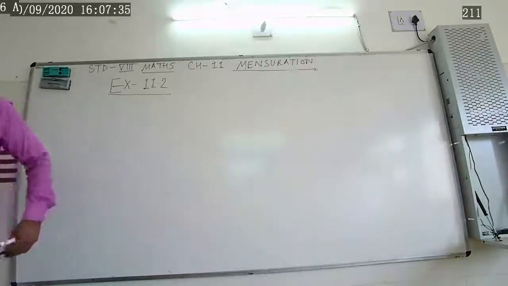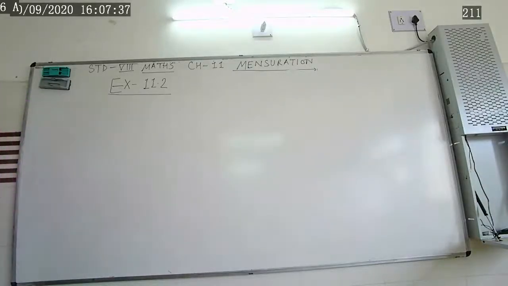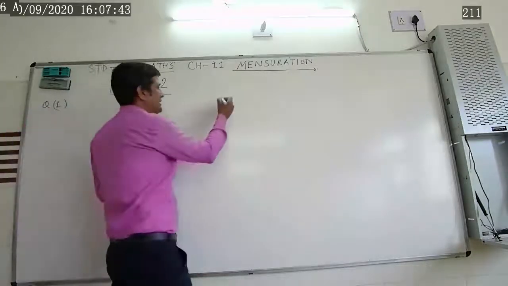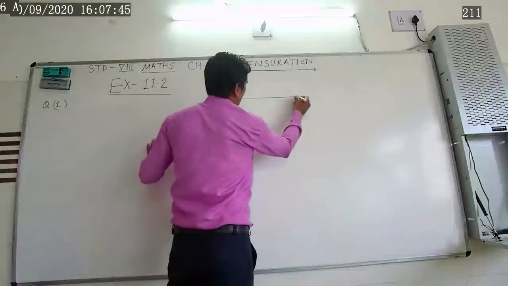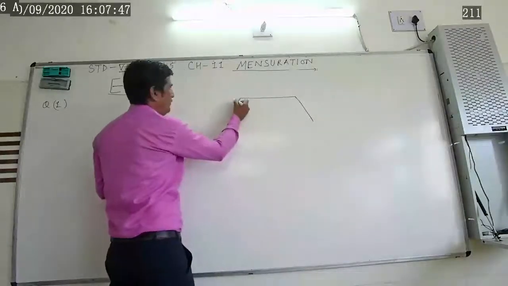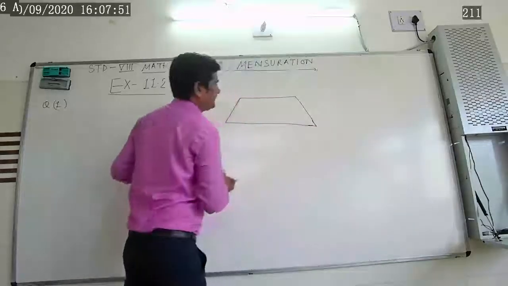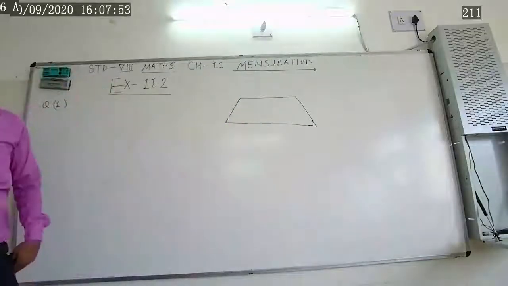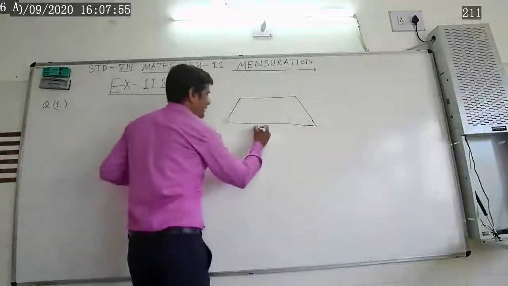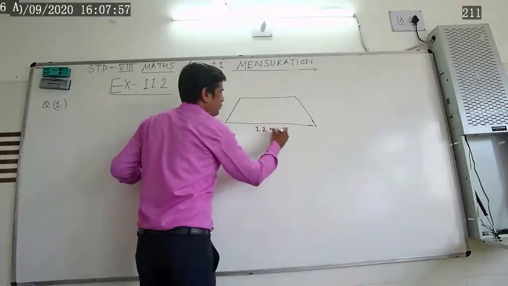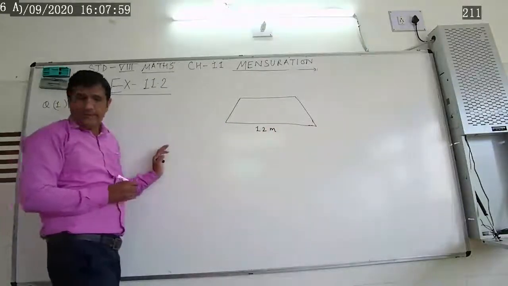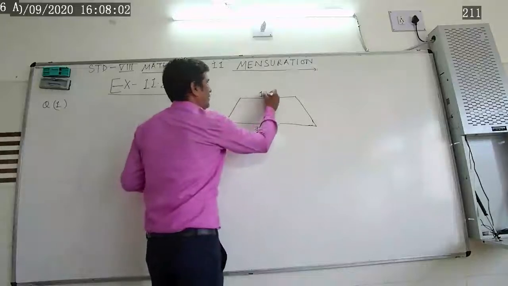Next, question number 1, let me see. In the first question, the shape of a trapezium is given, like this. One parallel side is 1.2 meters, the second parallel side is 1 meter.